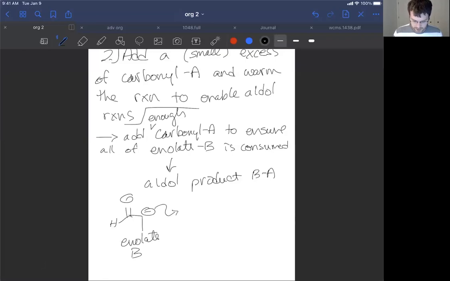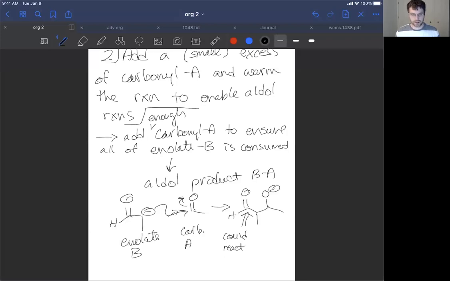But after we react with carbonyl A, so I guess I'm showing it where it adds to the carbonyl carbon and pushes the electrons up, now we have a full-blown aldehyde on our product. And so this could react. We want to make sure that we have more than enough carbonyl A present, so that given the choice, enolate B is more likely to run into carbonyl A than the desired product of this reaction. That'll prevent some polymerization from occurring.